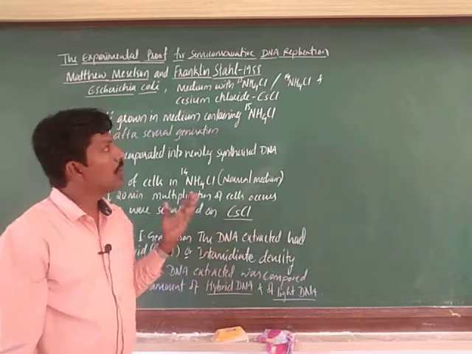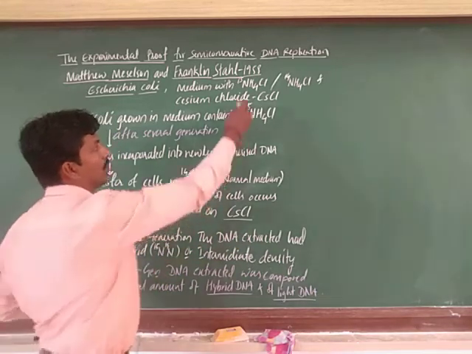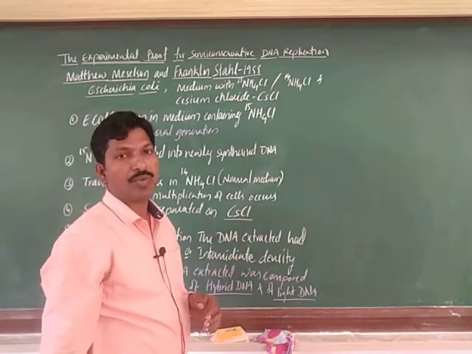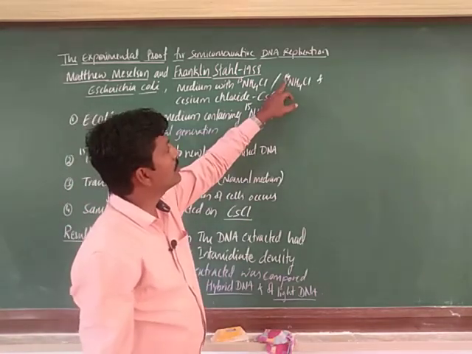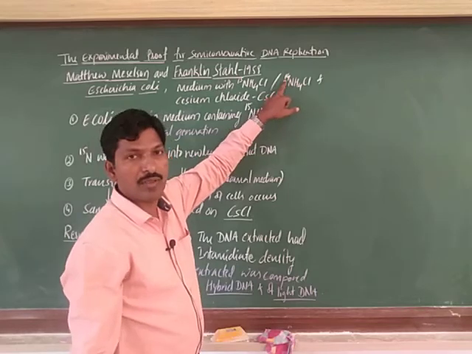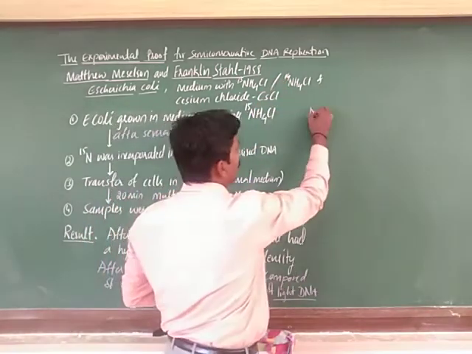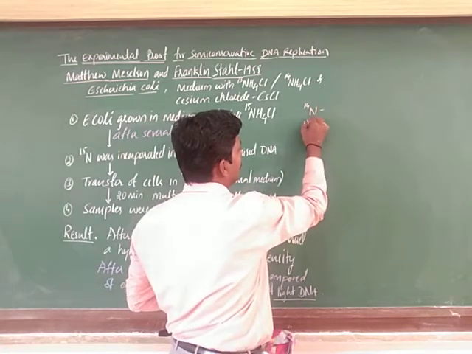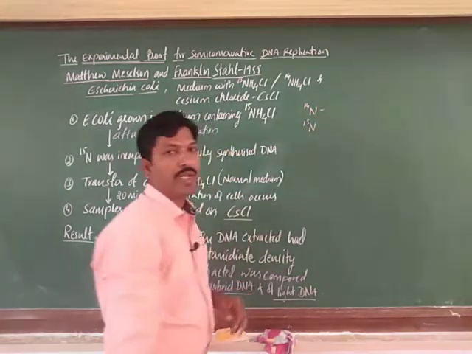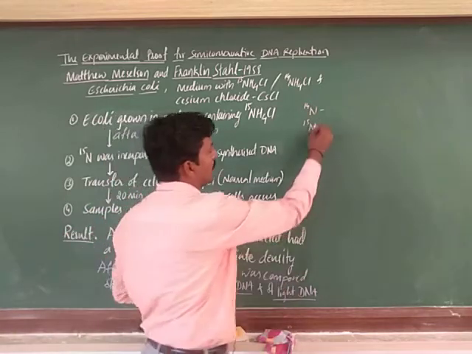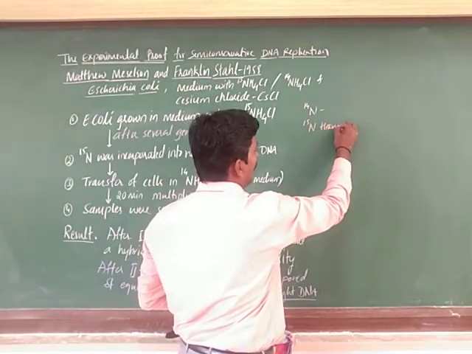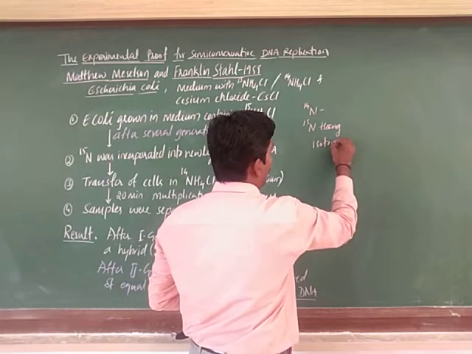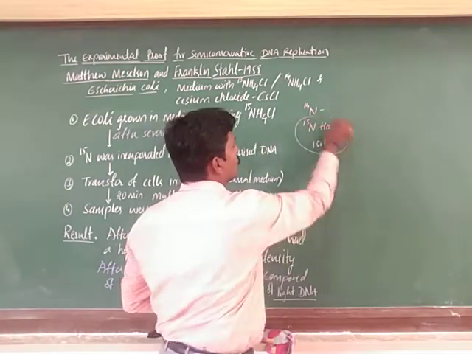The normal isotope of nitrogen has mass number 14, N14, and N15 is the heavy isotope. So this is used as the heavy isotope.